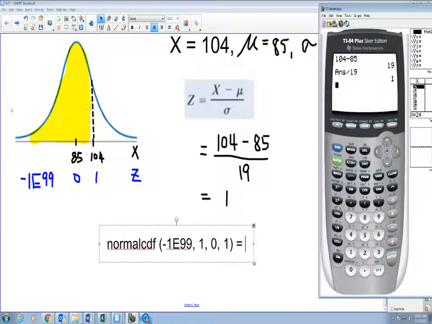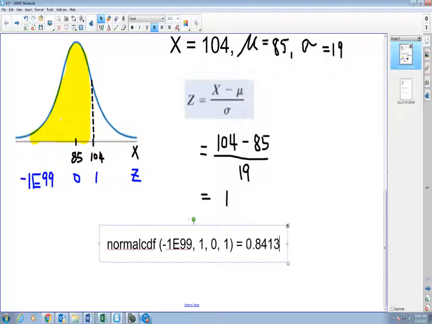So what's the probability to the left? Second distribution, number 2: negative 1e99 comma 1 comma 0 comma 1. To four decimal places, all this area to the left of z equals 1 is 0.8413. That's all there is to it.